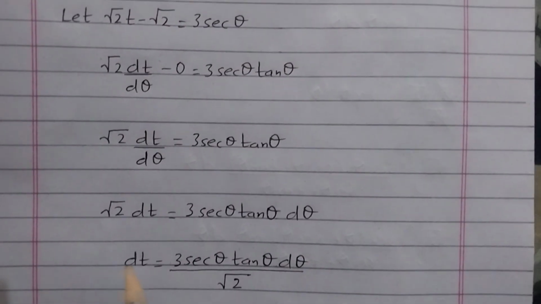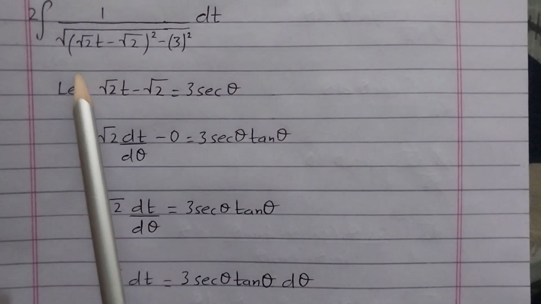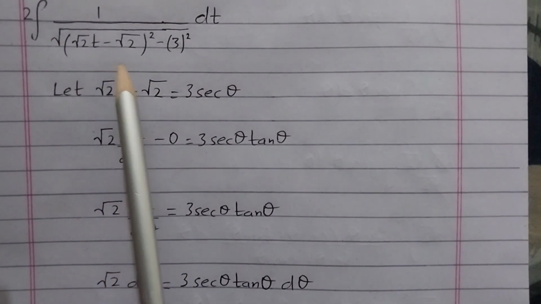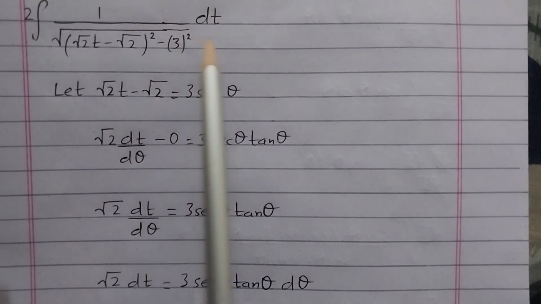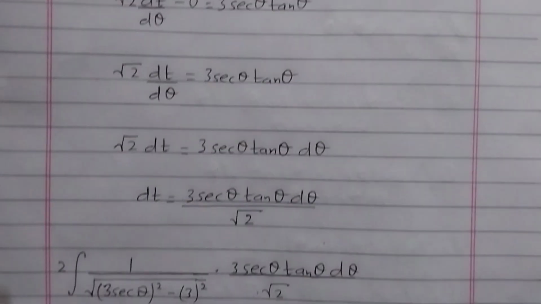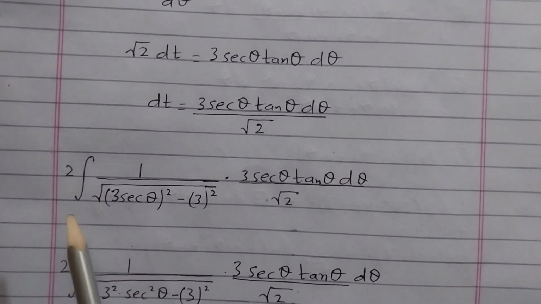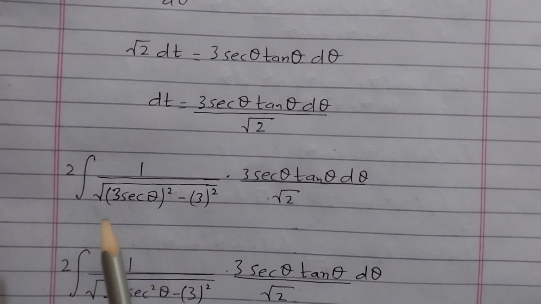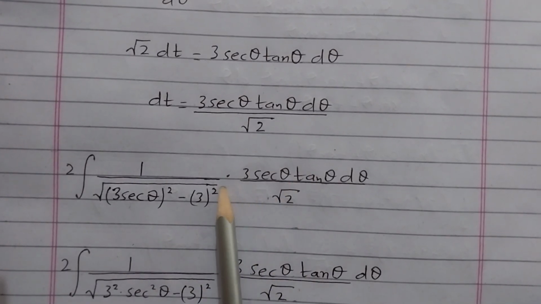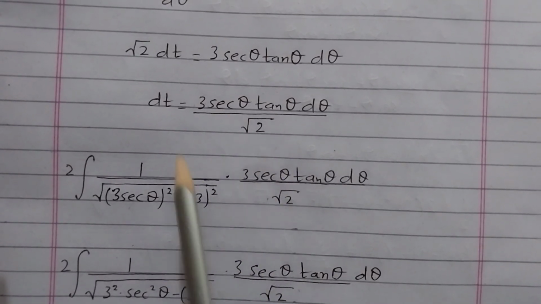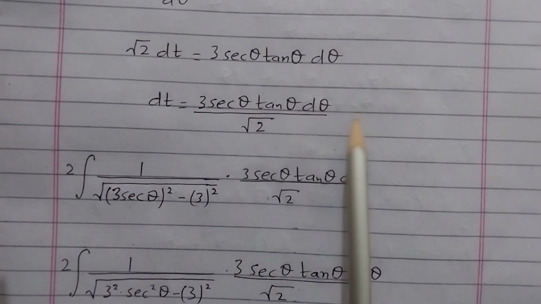So now we have the value of this thing in terms of theta and the value of this thing in terms of theta. So we can simply plug in those values to find the integral. So this becomes 2 times the integral of 1 over square root of 3 secant theta whole square minus 3 squared into the value of dt. So this entire thing is the value of dt.